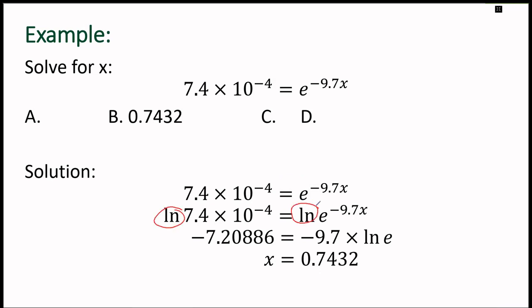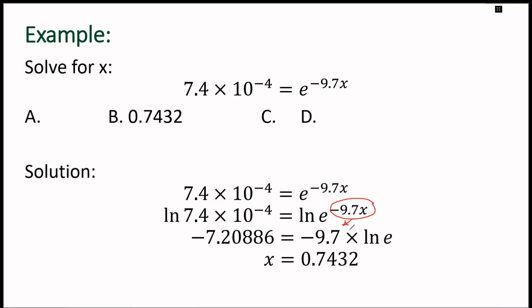So ln, just get a calculator and compute for this, so you get negative 7.20886. However, this one, we have to get this value here. So we make it a coefficient. This becomes the coefficient, negative 9.7x.